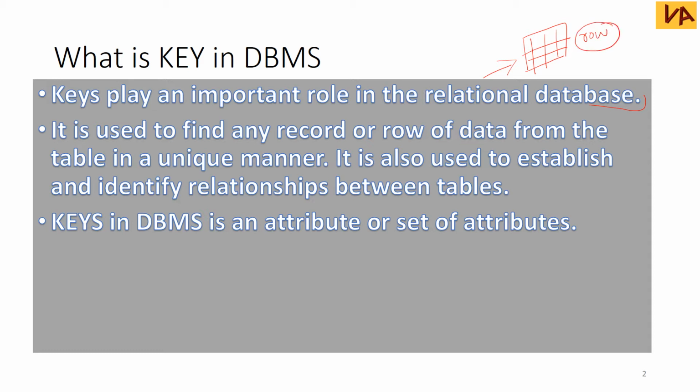Because if we have no rule to identify a particular row in the table, we can never identify any information of a particular record in a database. So we need keys to identify the records very uniquely, right? It is used to find any record or row of data from the table in a very unique manner.